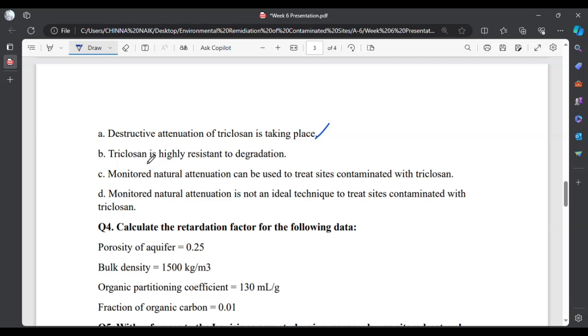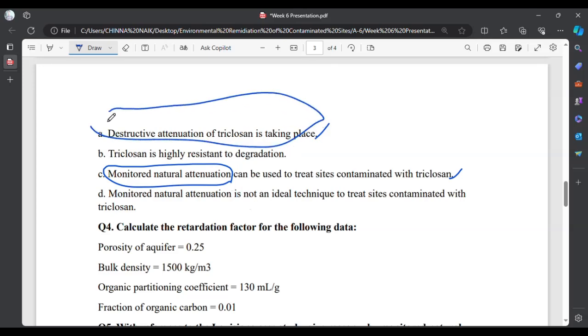And similarly, we can expect monitored natural attenuation can be used to treat the contaminated site with triclosan, because as we saw in the case study, monitored natural attenuation can be the best suitable option for treating the triclosan. So the answer for this question is A and C.